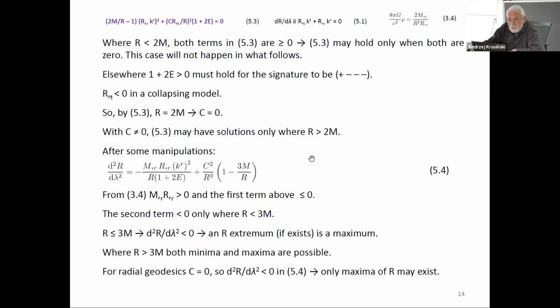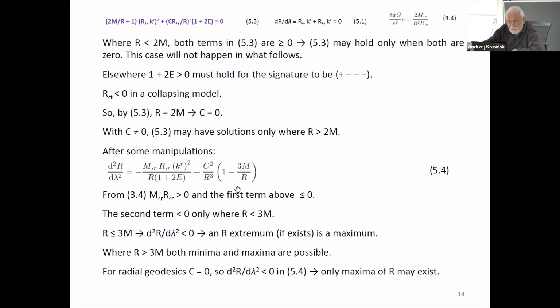And after some manipulations using the geodesic equations, we can find such an equation for the second derivative of r by the affine parameter. Now, from the formula for mass density here, we can see that mr times r by r must be positive. So the first term in this equation here is always non-positive.